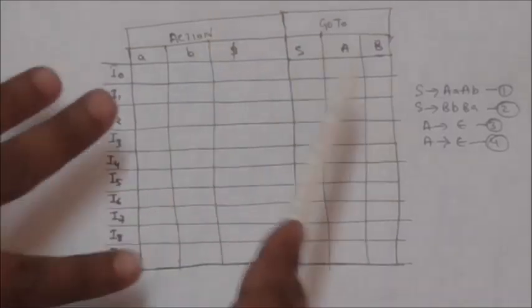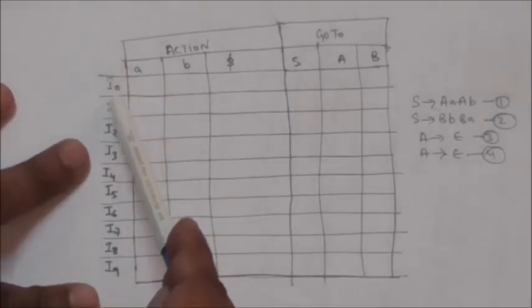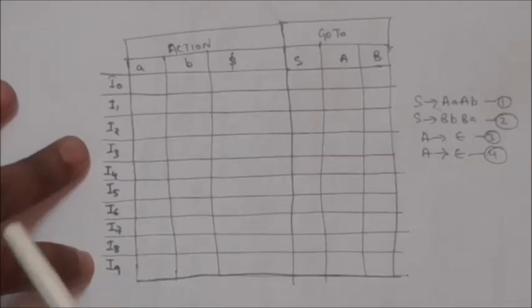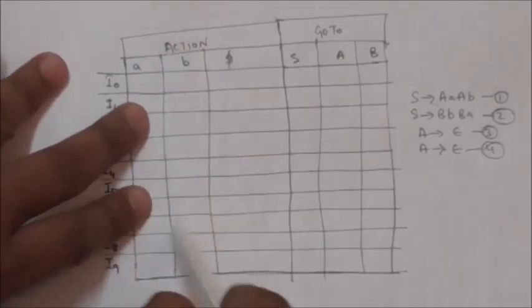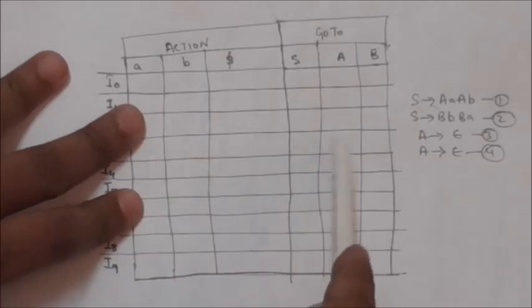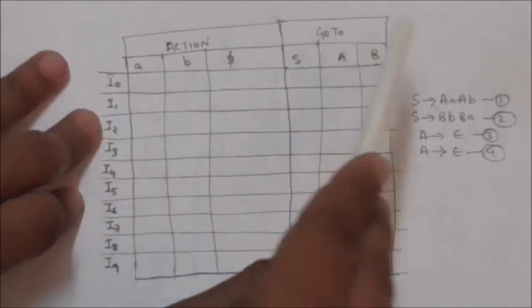The columns in the action table are labeled by terminal symbols and the dollar symbol, whereas in the go to table the columns are labeled by non-terminal symbols.